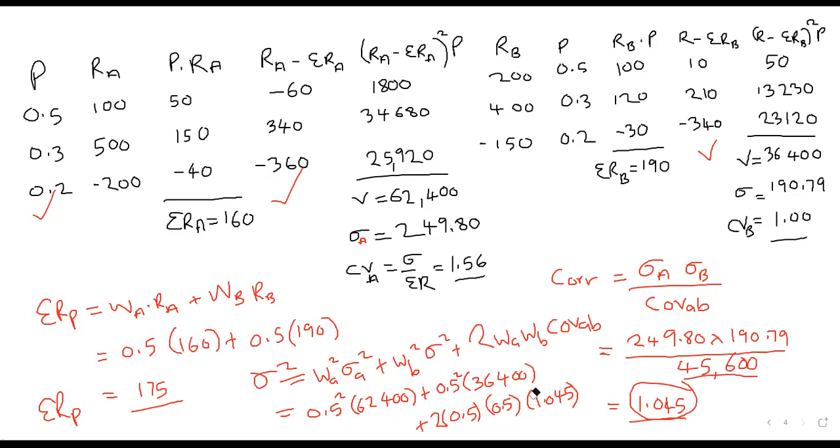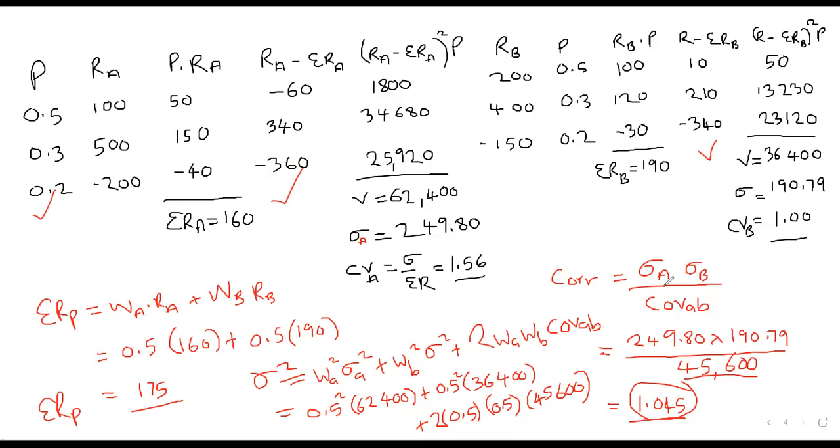You're following. 45,600. Okay. Then you square root it to find the standard deviation.